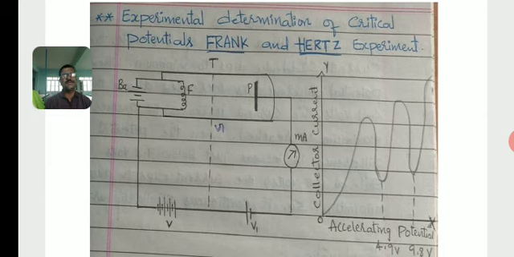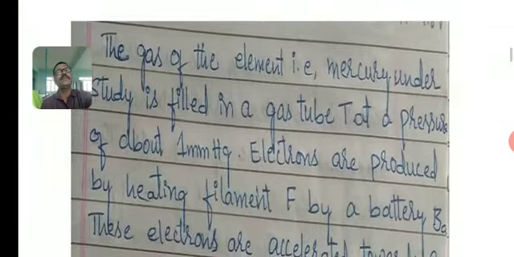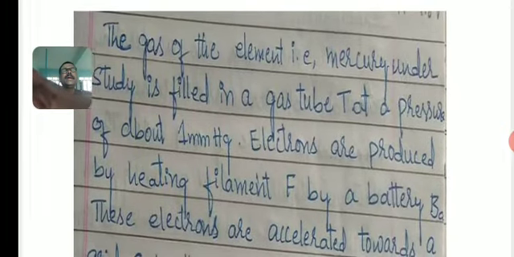That information was studied in the experimental procedure. Look here. The gas of the element under study, that is mercury, is filled in a gas tube T at a pressure of about 1 millimeter of mercury.